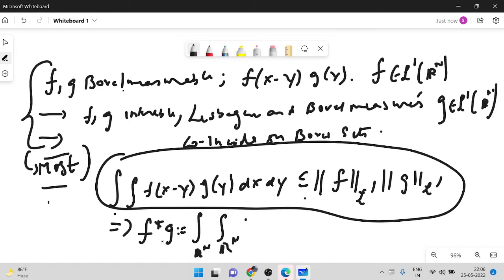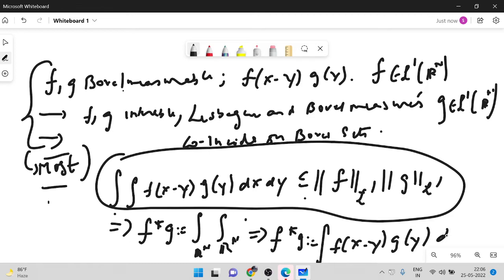And by Fubini's theorem, f star g, defined by the map integral f of x minus y, g of y dy, is well defined.